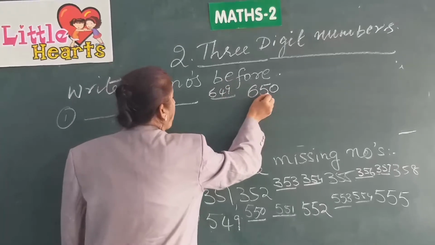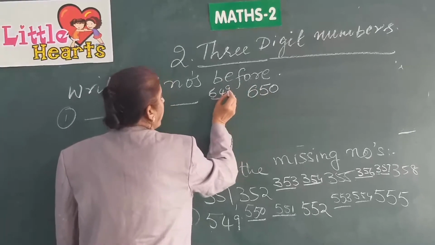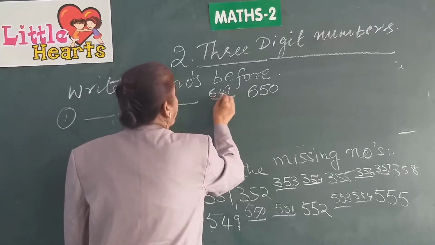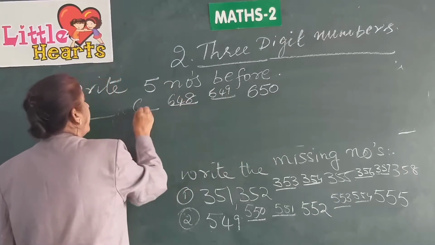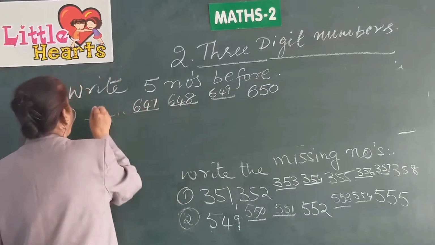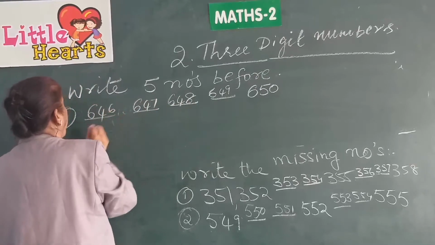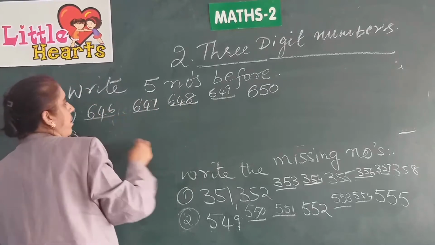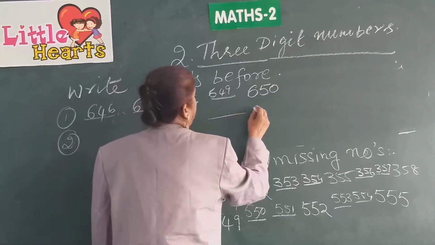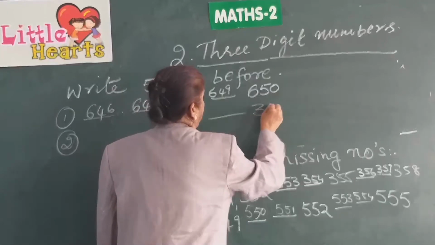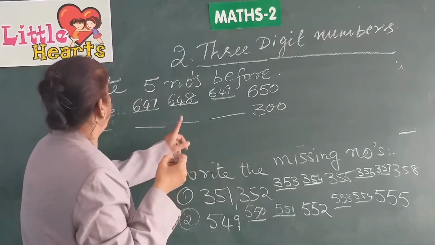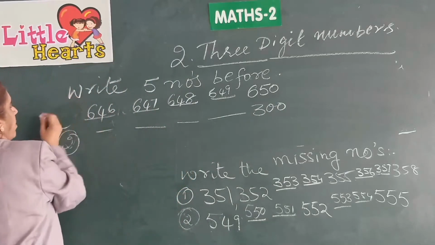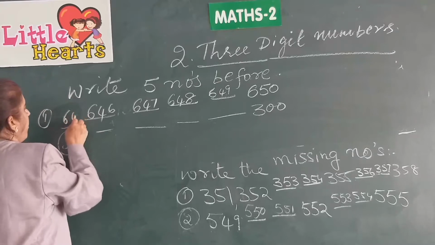We know that before 50 the number that comes is 49. 649, 648, 647, 646, 645.